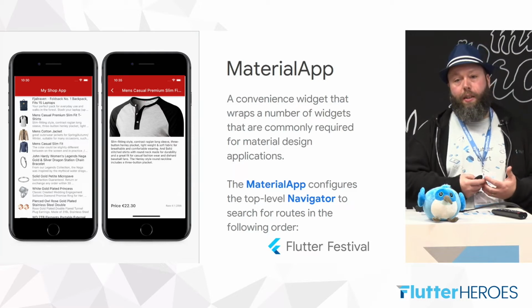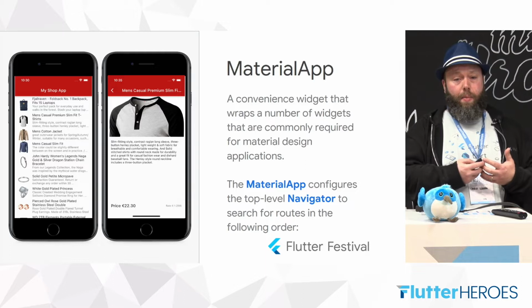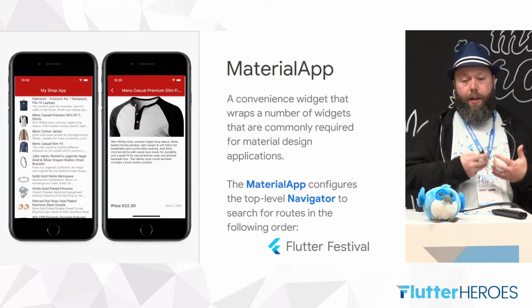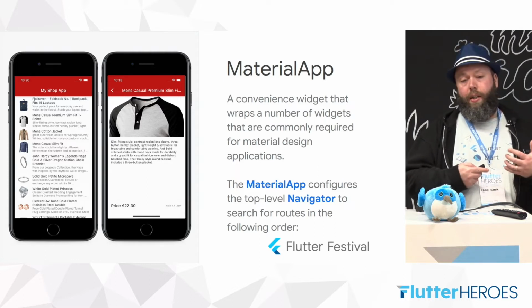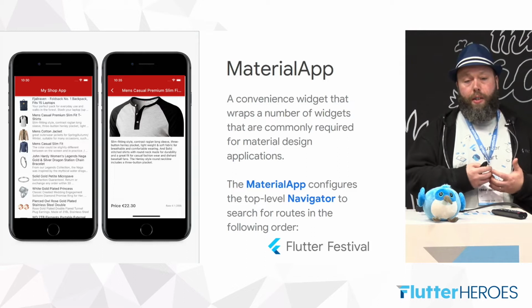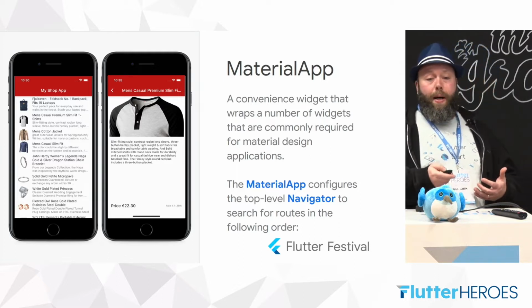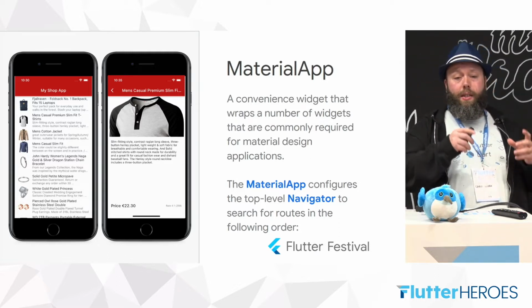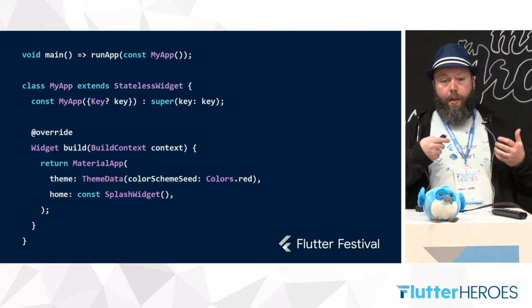But most important for this talk, when we use a MaterialApp, we know that we already have a navigator included with it. It also includes other things like theming and, for example, internationalization. I think we have a talk later about that. But for now, let's stick with the navigator that we get for free with the MaterialApp.